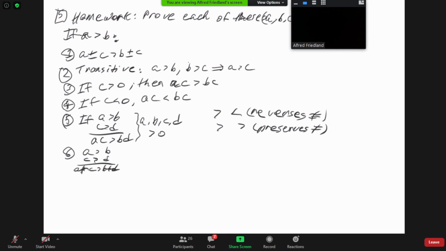Let me leave you with this. I want to, on Tuesday, talk about divisibility and the division algorithm. But okay, you know what? I left out one thing for an integral domain.